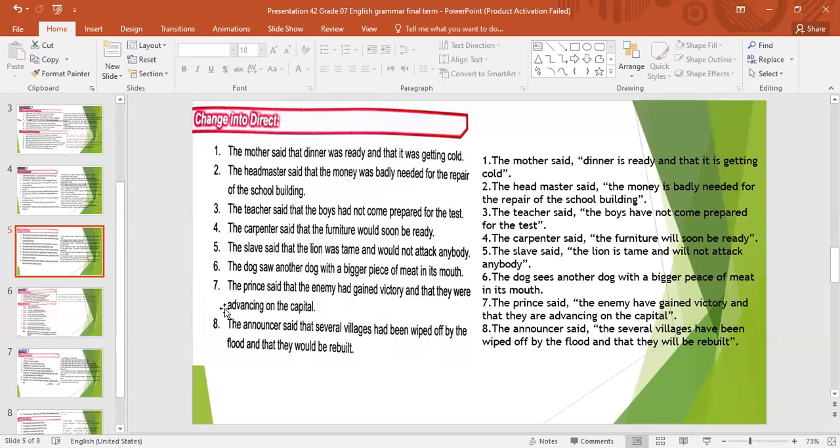Some of the slides are still remaining, but I don't think it will finish in a little time. So please, dear students, try to understand these sentences, and I will try to make another lecture for the remaining part of these slides.